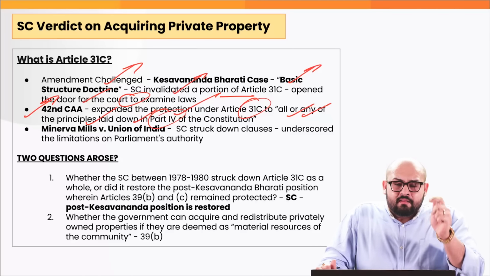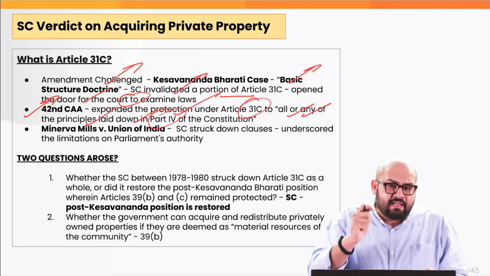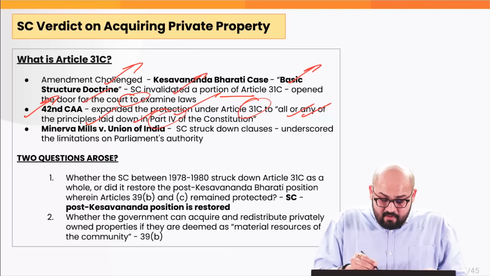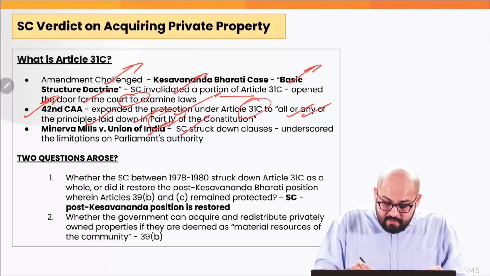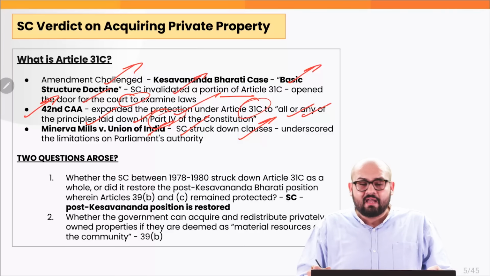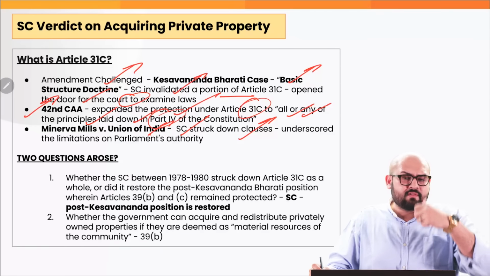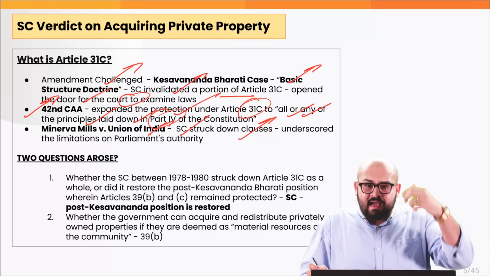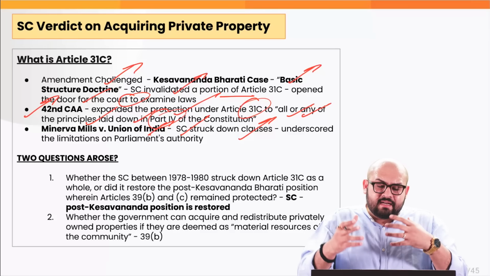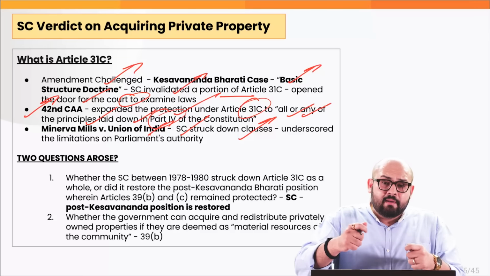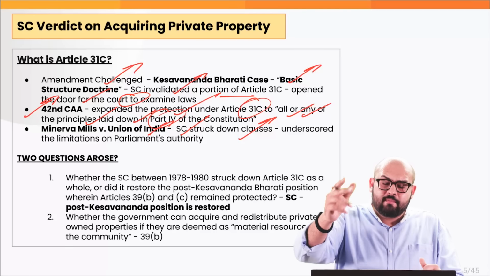Now, this amendment was challenged, and in the famous Minerva Mills case of 1980 the Supreme Court struck down these clauses. There were basically two amendments. First, that if the state is making any law to implement any of the directive principles, that cannot be called into question.